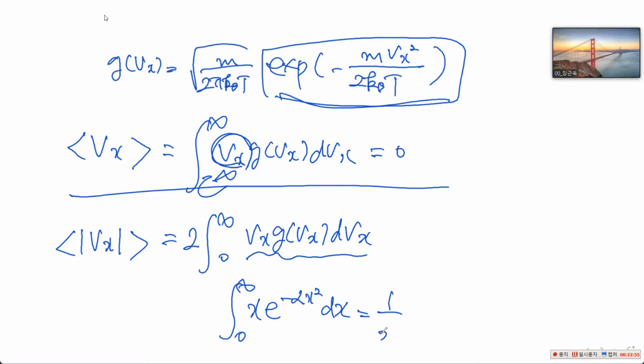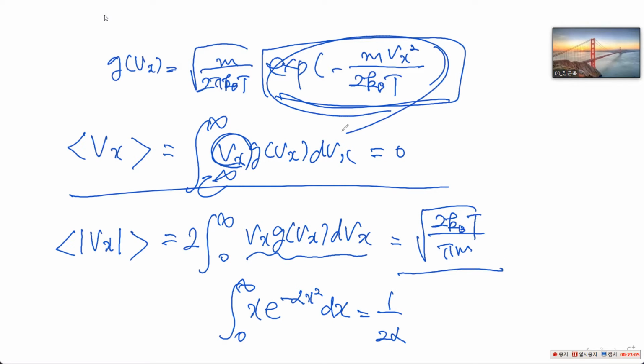It is given by 1/2 alpha. So by that result, we can derive it, because we know that we can calculate alpha here. What is alpha?